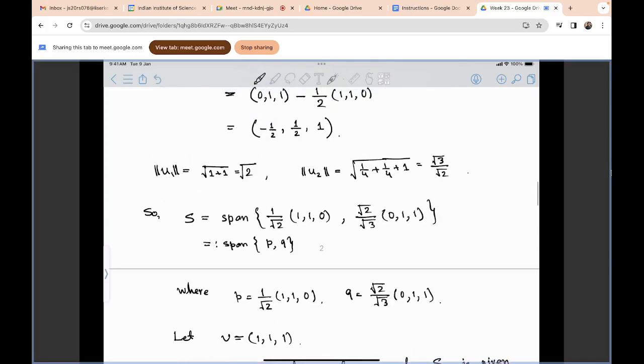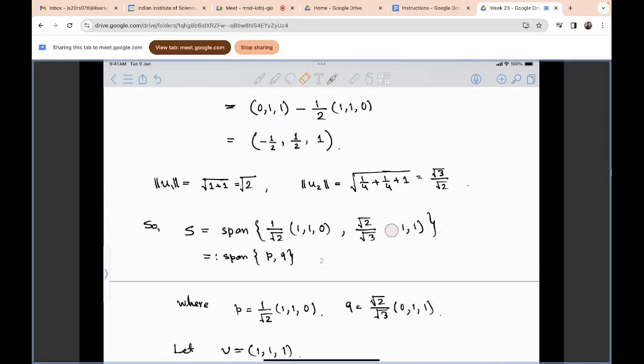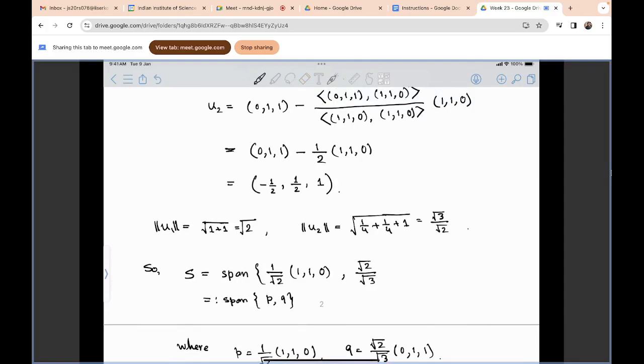Sorry, I forgot, this vector will be different. This will be that vector u2, (minus half, half, 1).